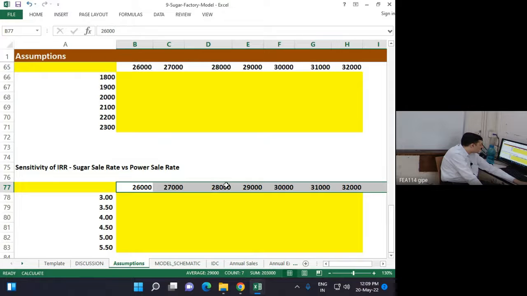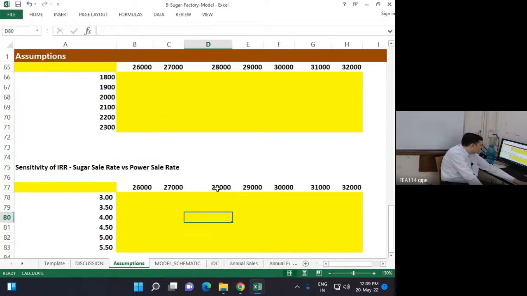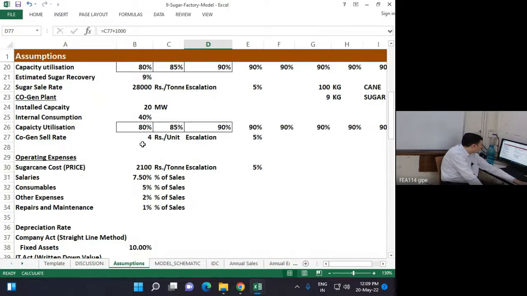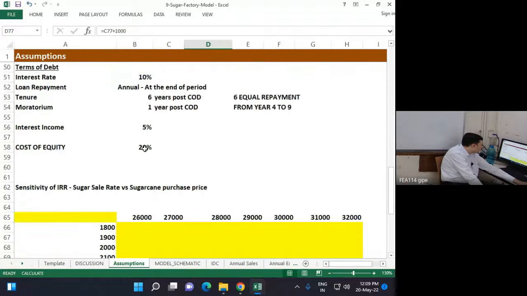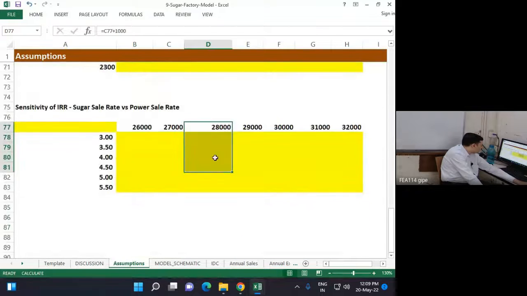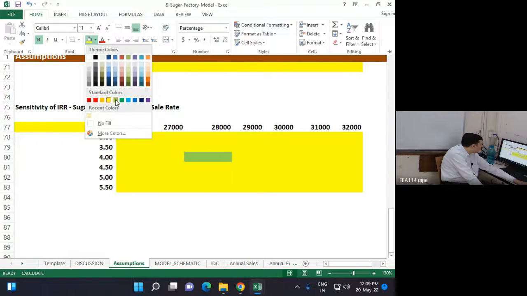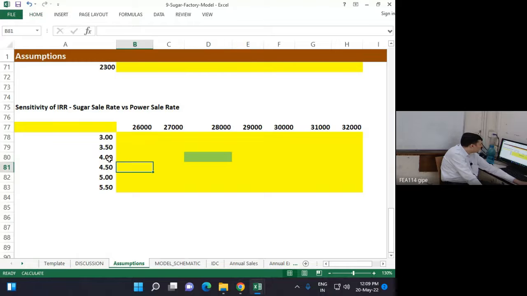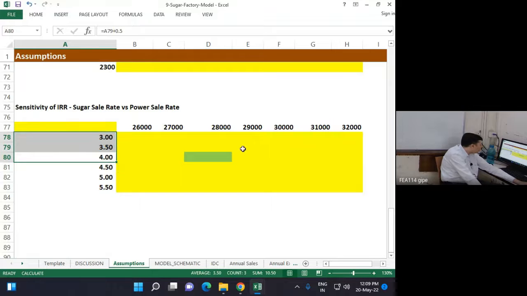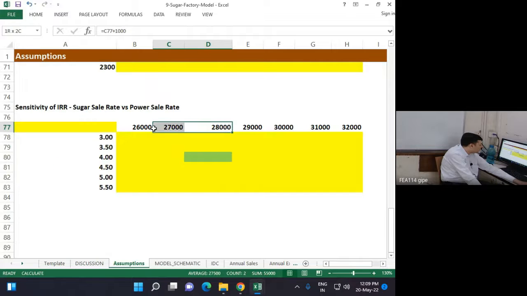Our base case has been 28,000 per ton, and electricity price of 4 rupees per unit. So this is our base case. What we want to do is see if the electricity prices further fall or increase, and if the sugar price falls or increases, is the project becoming feasible or not.